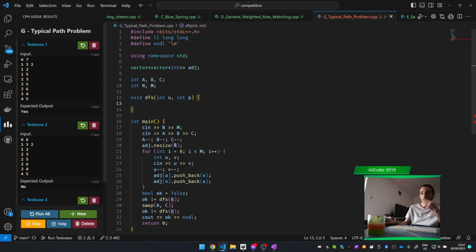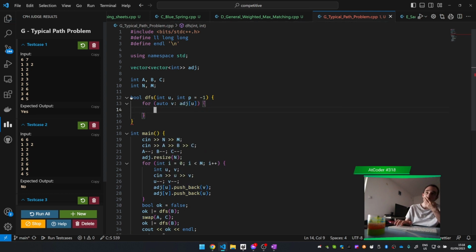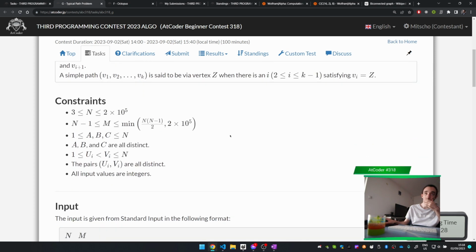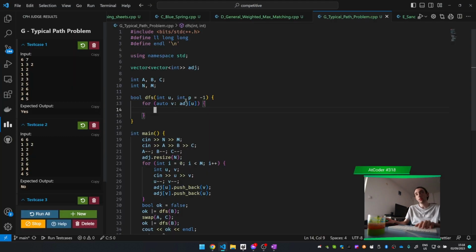So this is the adjacency matrix, then that, then u, then the parent. Oh, of course, here, that's fine. So okay, for each neighbor here, there's something like this.